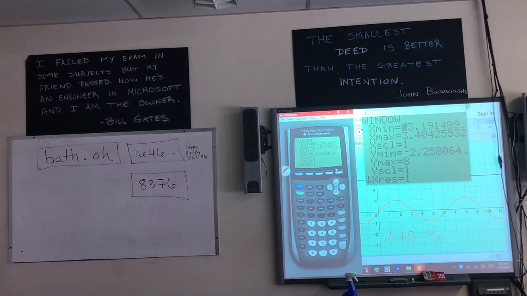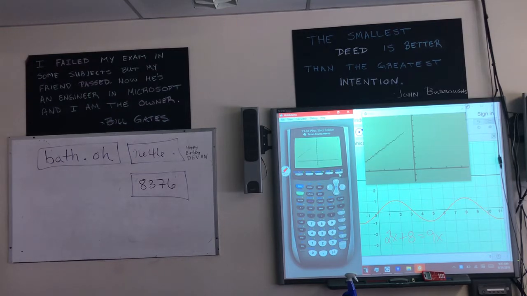Okay. I'm going to take a look at what I've got right now. It looks like -3 to 3 on my x-axis, and maybe -3 to like 10 or something like that on my y-axis. I need more y-axis values, right? So I'm going to increase that. So I go to my window, my y maximum, maybe I go 10, and I see what happens.